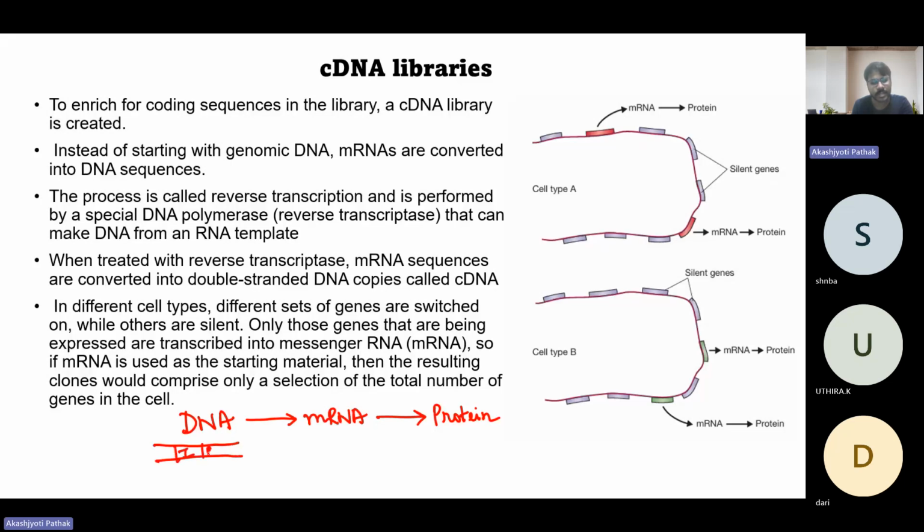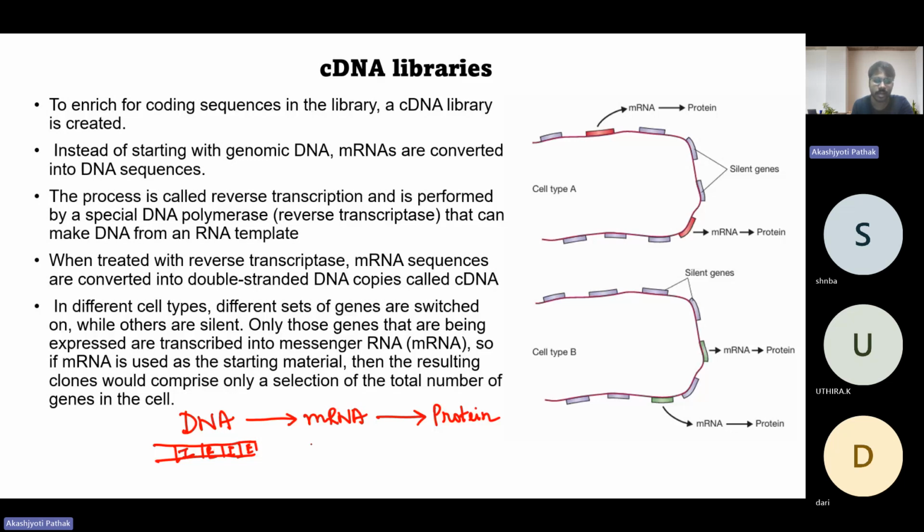So the exons are flanked by the intron sequences. Now, only the exon sequences code for the protein, while the intron regions do not code for any protein. They are non-coding regions. But your mRNA, what will it contain? It will only contain the exon regions of the gene. It will have only the exons.